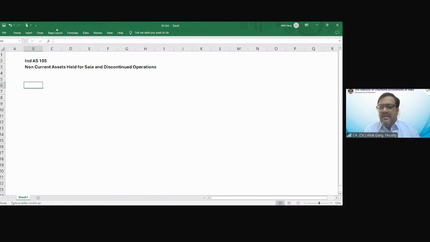I want to sell the factory building. So I decided to sell the factory building. Sumit came to me and asked, sir, I have heard that you want to sell your factory. I told Sumit, no, I only want to sell my factory building.